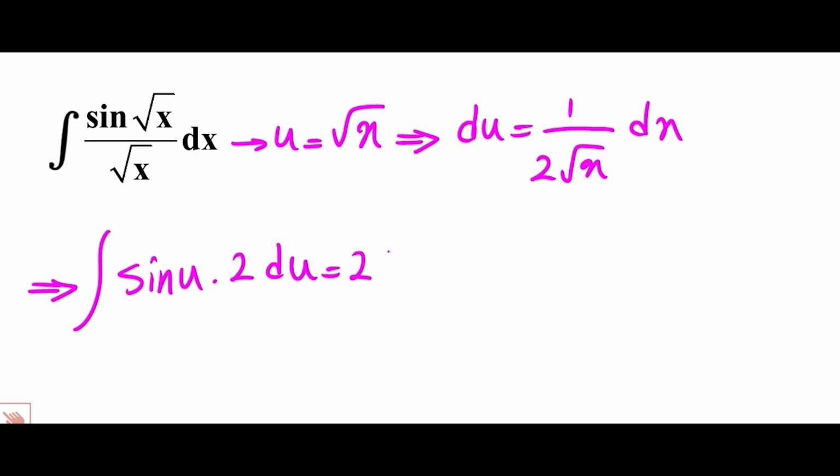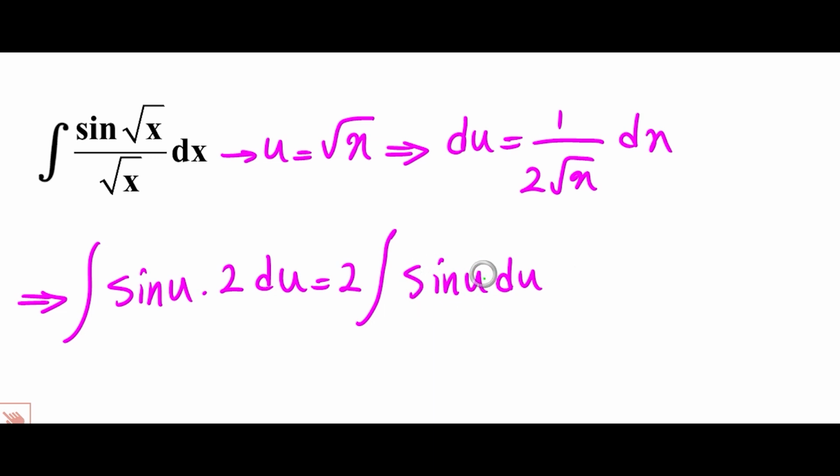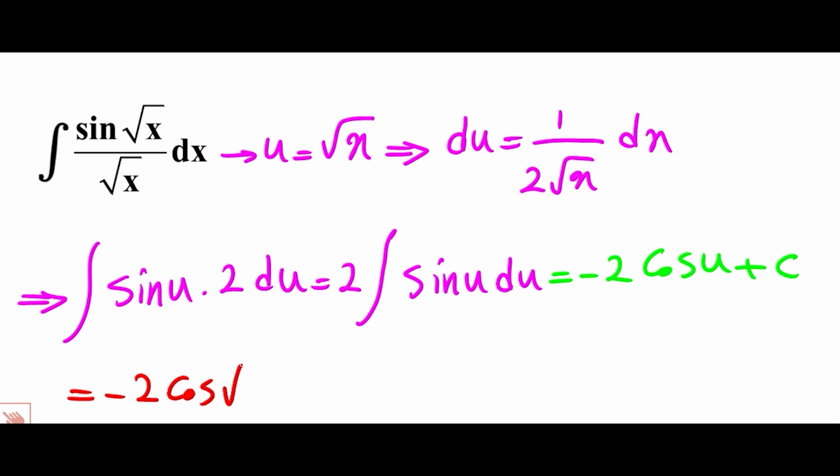So 2 times the integral of sine of u du, right? And as you know, the integral of sine of u equals negative cosine of u plus c, right? So we have negative 2, u equals the square root of x, so negative 2 cosine of the square root of x plus c.